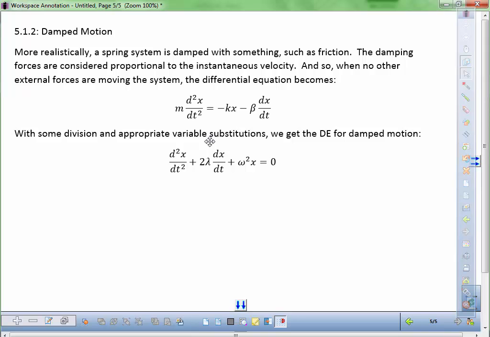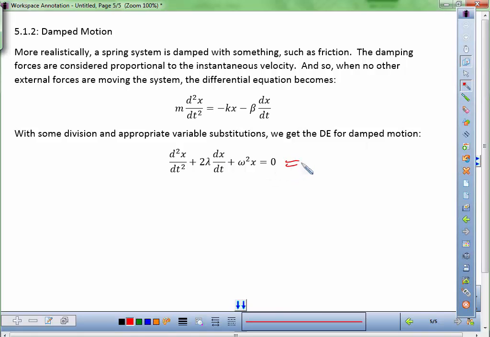So anyways, we have a differential equation that looks like this, and it is, again, second order linear with constant coefficients, homogeneous, so it follows that we're going to look at our auxiliary equation again. And so we have our auxiliary equation.